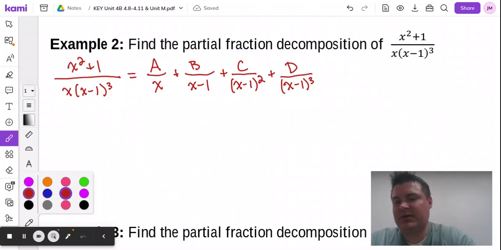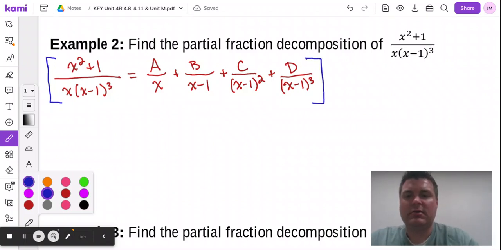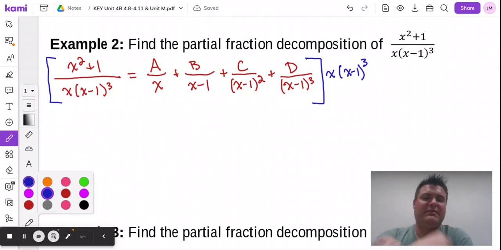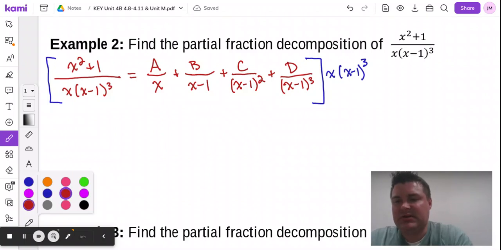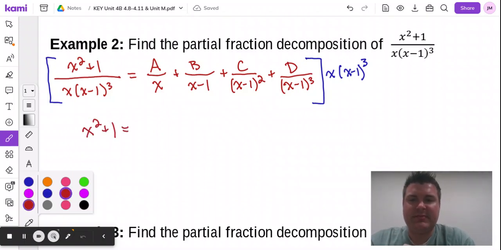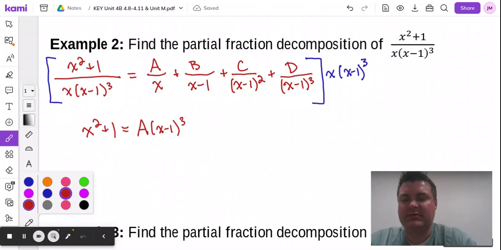Okay, and then once we're here, I'm going to multiply everything by what my LCM is here. Least common multiple, if you didn't know what that meant. So multiply everything by x times x minus 1 cubed. So now that's going to produce x squared plus 1 equals, for the a term, the x's cancel out, and I get a times x minus 1 cubed.